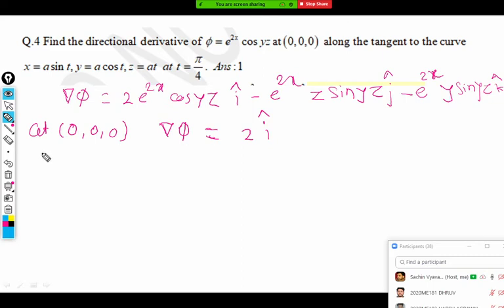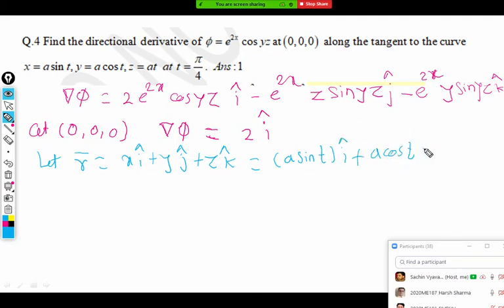So first we should write the equation of the curve. Let r bar equal xi plus yj plus zk be the equation of the curve, and here r bar is a sin t i cap plus a cos t j cap plus a t k cap. So this is the position vector of the moving particle. And how to get a tangent now?